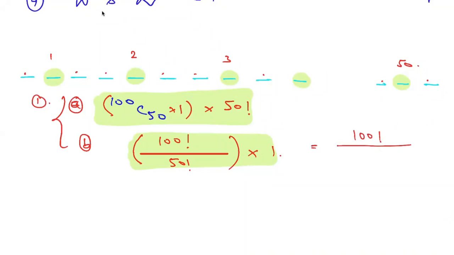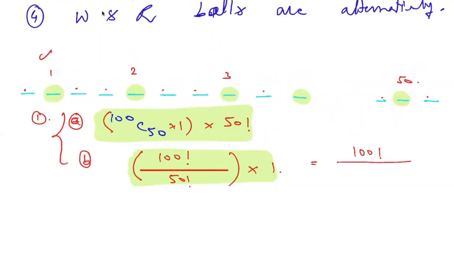But the white balls should not arrange themselves. The white balls said they arrange in factorial 50 ways, so I said diminish that, dividing by factorial 50. We know they can be arranged in only one way, increasing: the lowest will be 1, then 2, 3, 4, and the last will be 50 only.